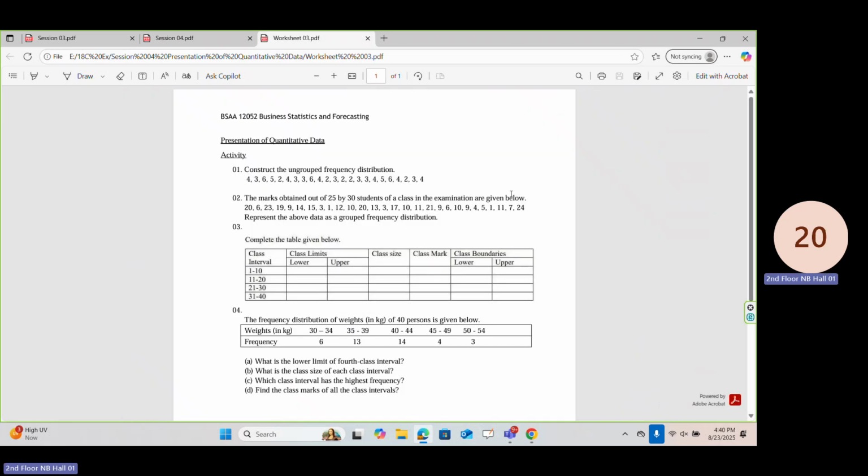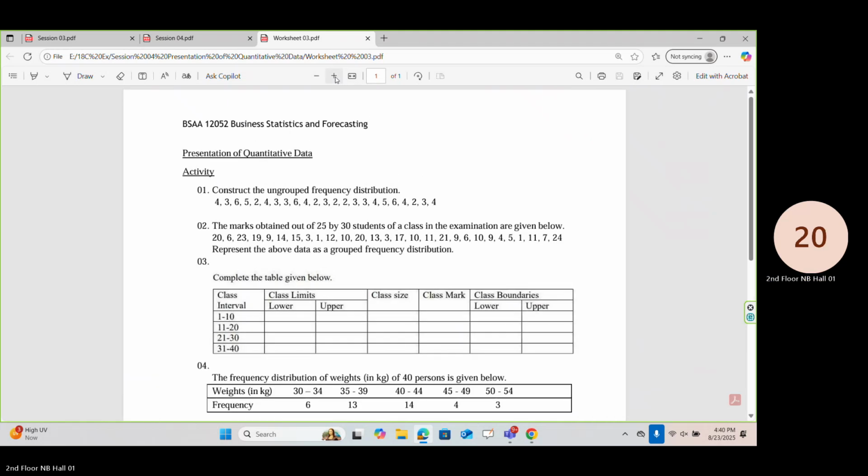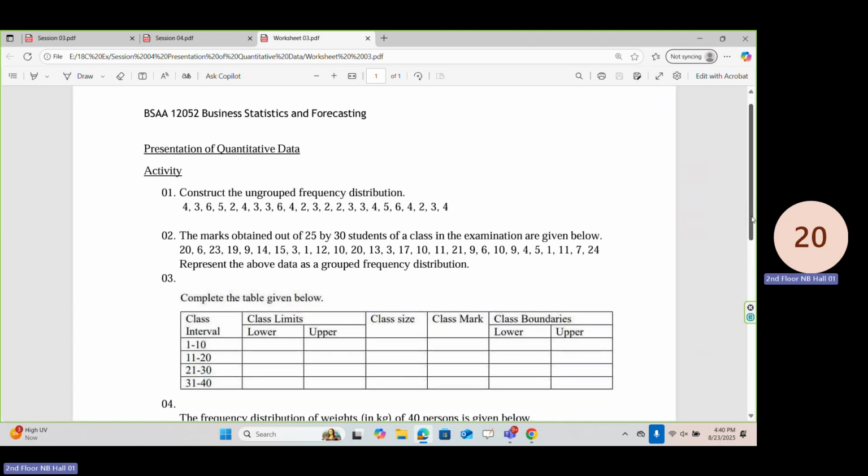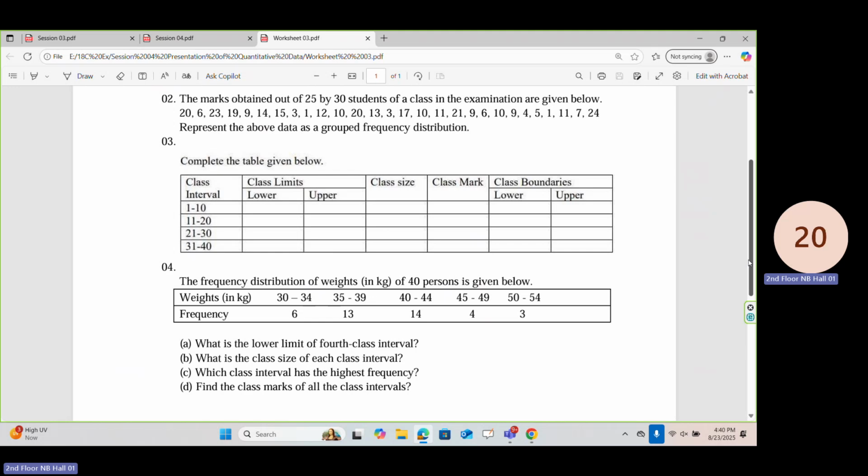Then there are small activities. Here, try question number 3 and 4. Third question and the fourth question only. Just identify the class boundaries, class limit, size, and so on. I think 5 or 10 minutes is enough. Then try.